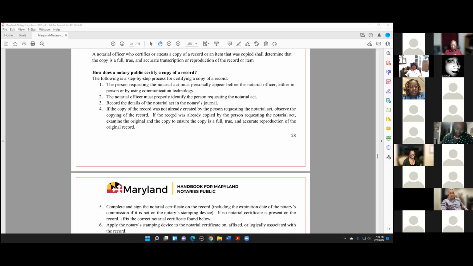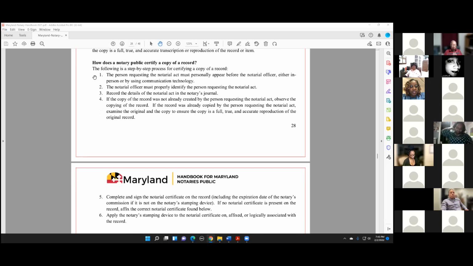So let's take a look here. Now if that were to happen, number 1 remains the same, number 2, number 3 remains the same, but then number 4 kind of changes. Remember number 4 for the other 3 types of notarization said that if it had already been signed, remember that?